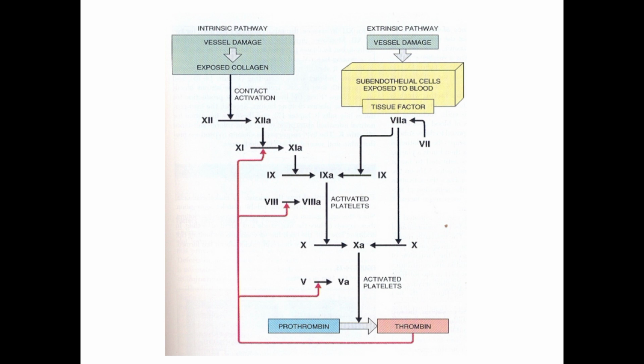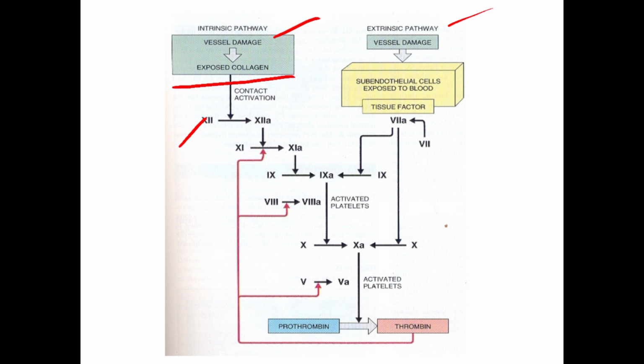This is the overall mechanism. So this is the intrinsic pathway, and this is the extrinsic pathway. Whenever there is vessel damage, collagen gets exposed, and it will contact-activate factor 12.